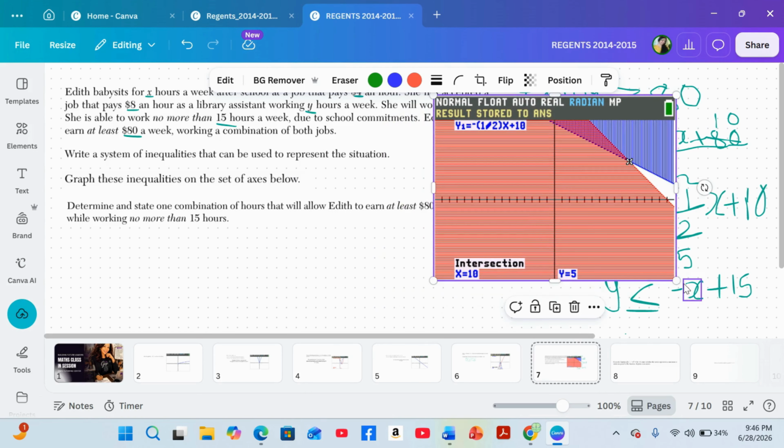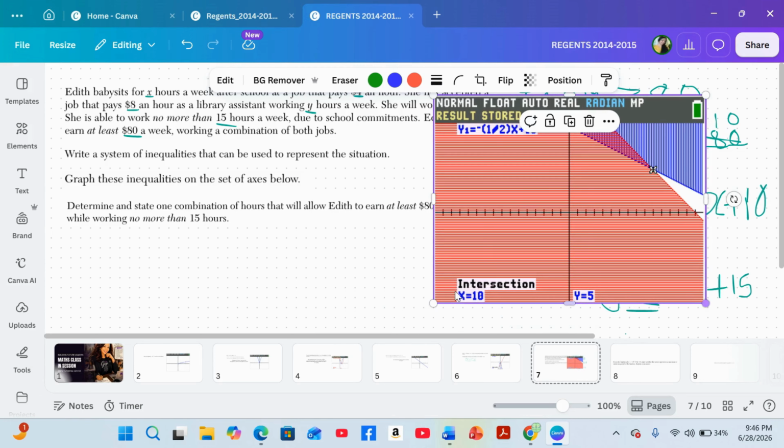Okay, this is the graph, and from the graph we have the combination of hours that she can work. So she can work at least 10 hours babysitting and 5 hours at the library job.